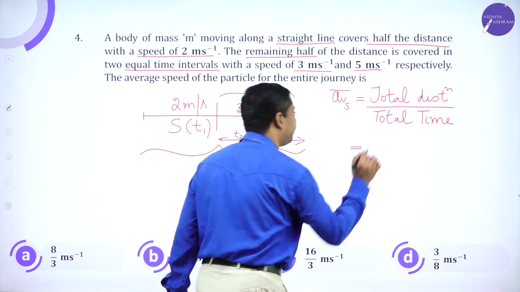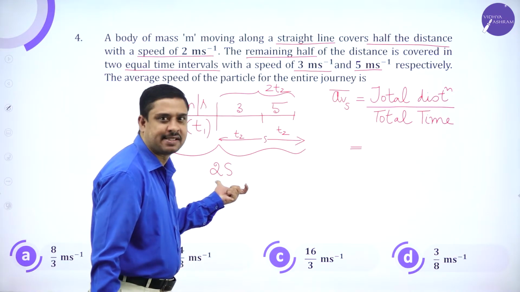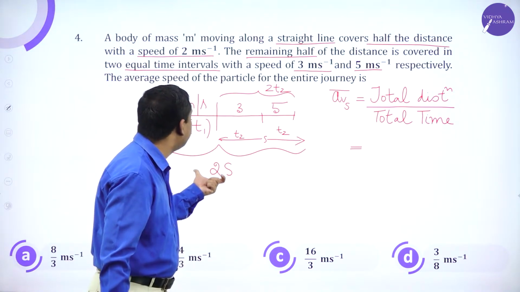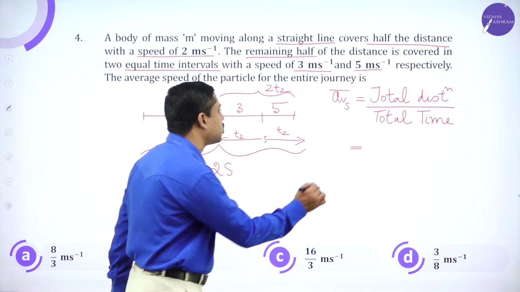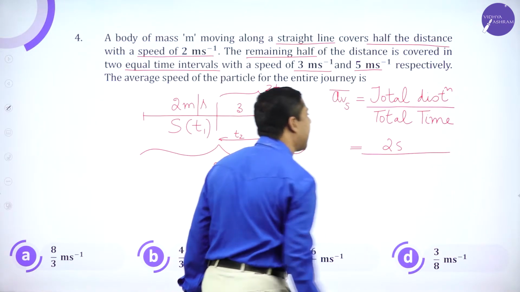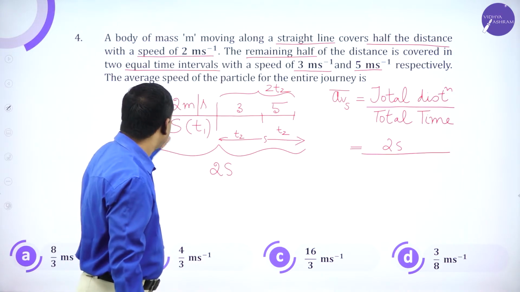This is total distance, which is 2s. The body is covering a total distance of 2s divided by total time taken.